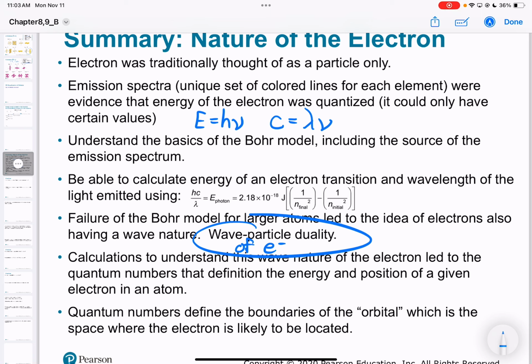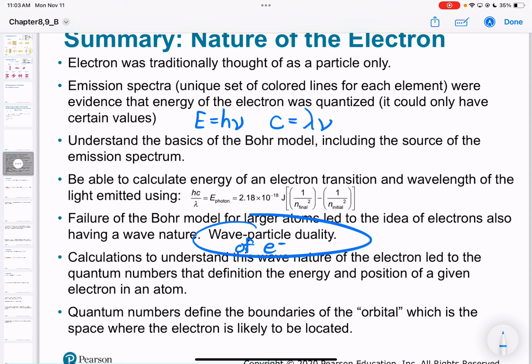When you get to higher levels of quantum mechanics, you can calculate the wavelength of an electron, okay? So there is a very close tie between energy in the form of light and an electron. Even though an electron has a visible mass and light doesn't really, light almost behaves like it does, okay? So that's the storyline that goes through this.